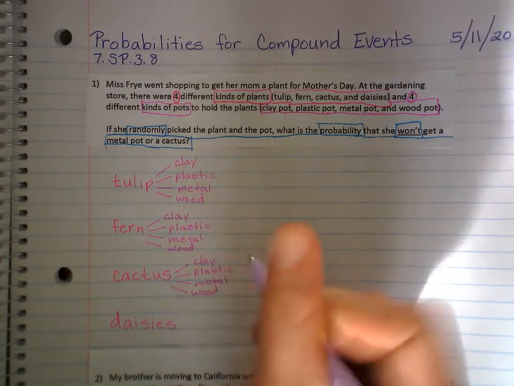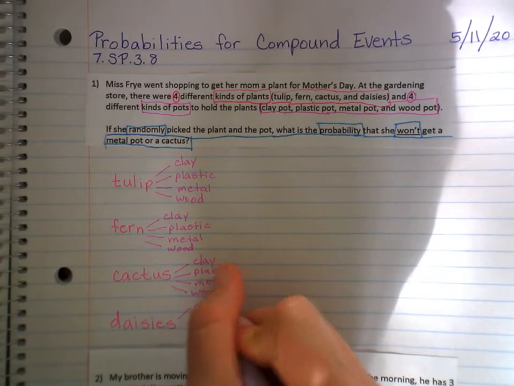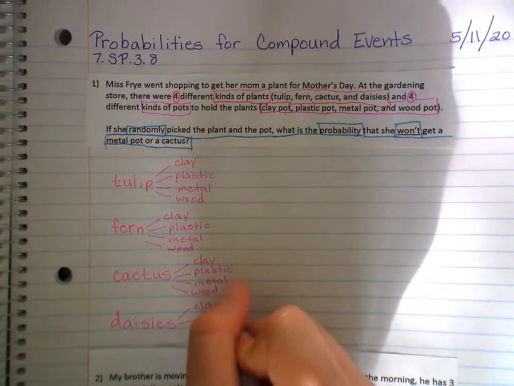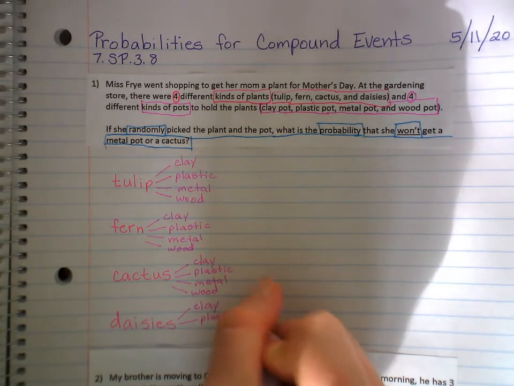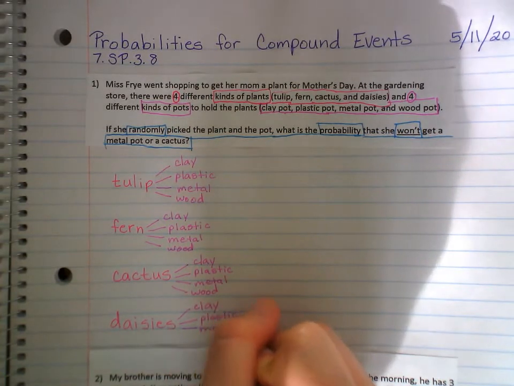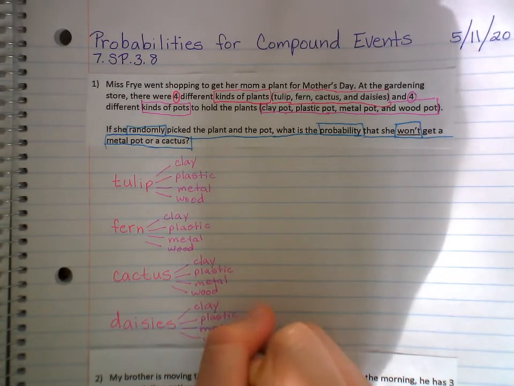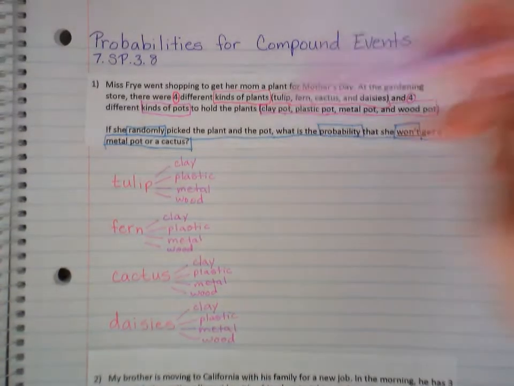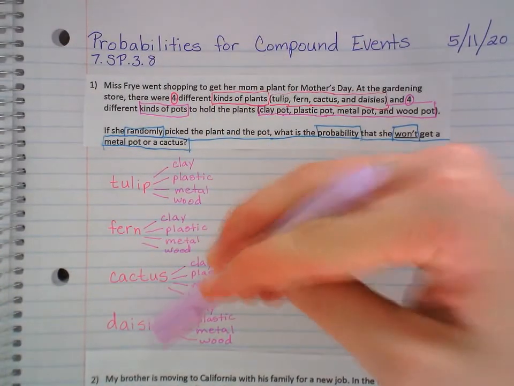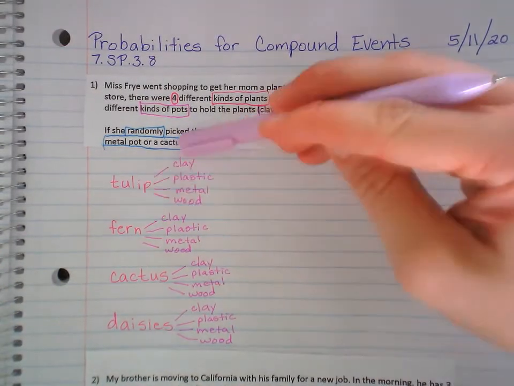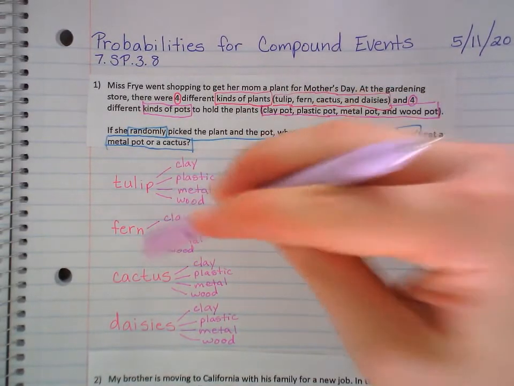If I get daisies, they can go in a clay pot, a plastic pot, metal, or wood. And no, it does not matter if we put clay, plastic, metal, wood here, and then put tulip, fern, cactus, or daisy for each one.